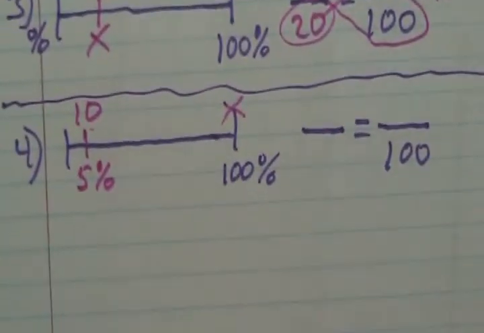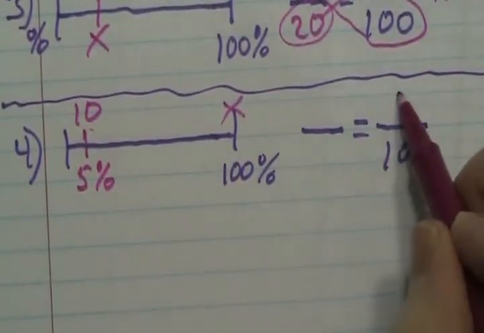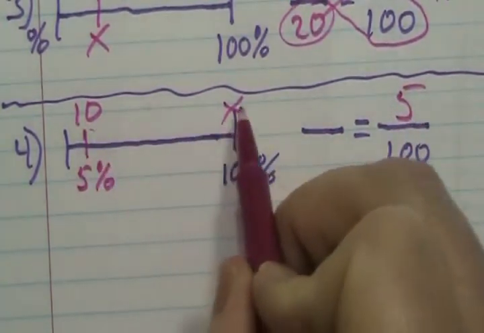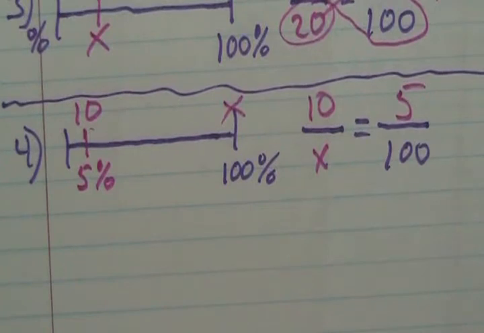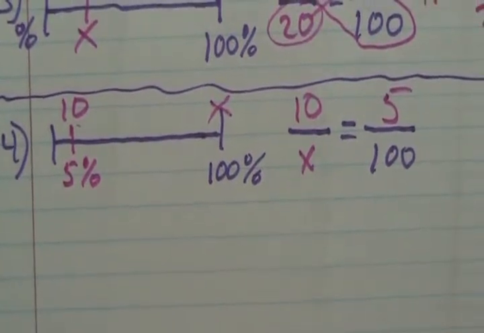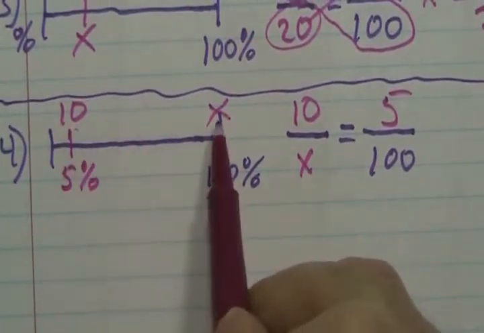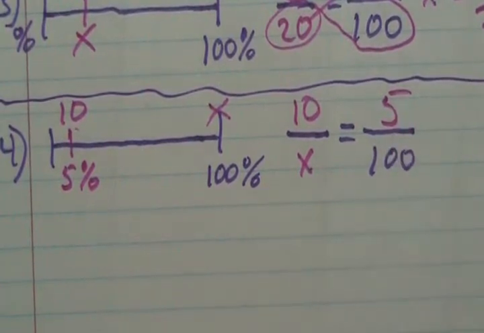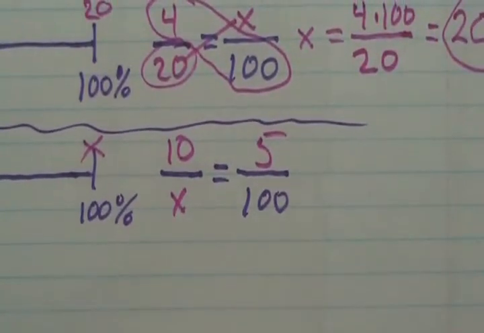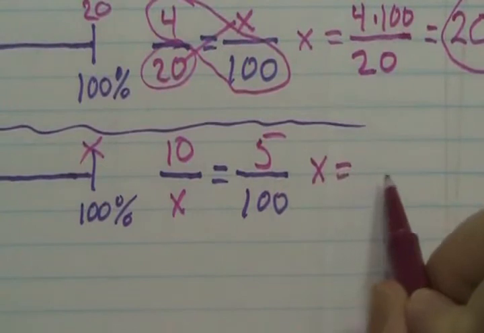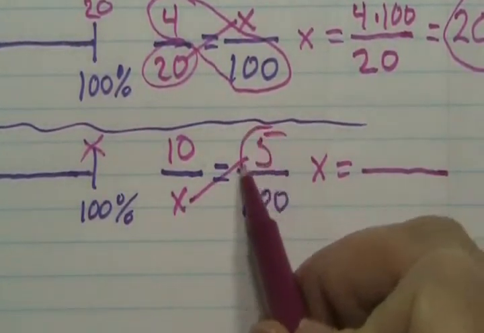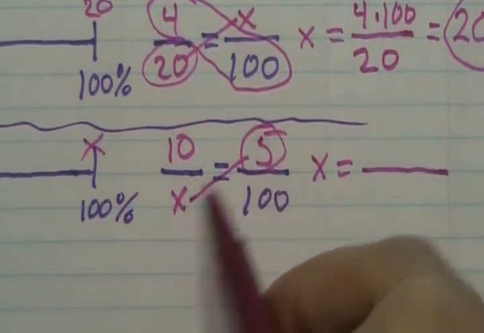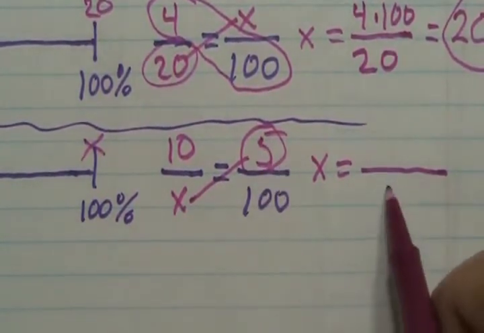So let's plug those numbers in. So let's see, we have 5%. That goes over the 100. These two, 10 over something. 10 over something is 5 over 100. All right, whatever's diagonal of x goes on the bottom.